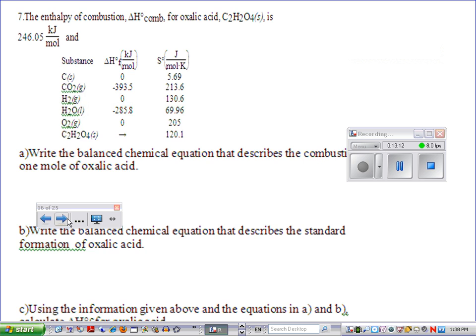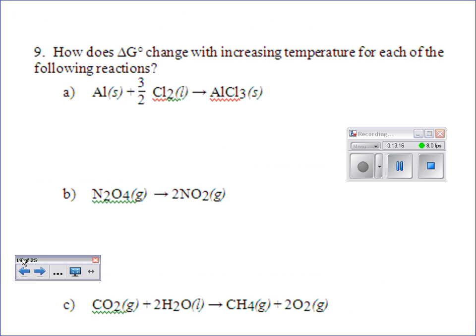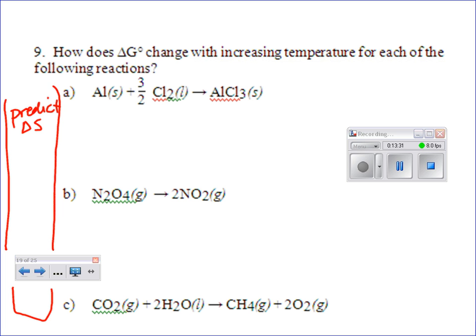Five, 6, 7, 8. I just want to look at these, and I want you to predict the sign of delta S looking at the states of matter. Because this is another way we can utilize equations. So look at the first one.